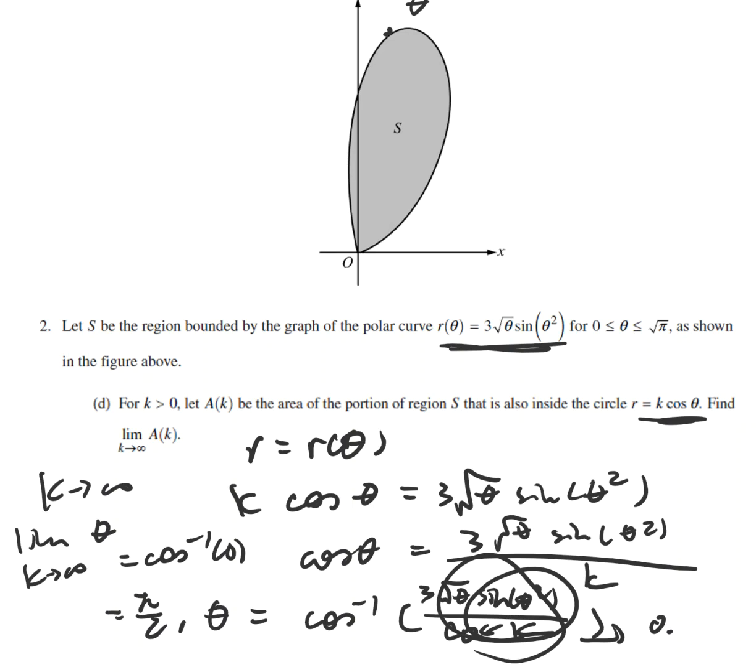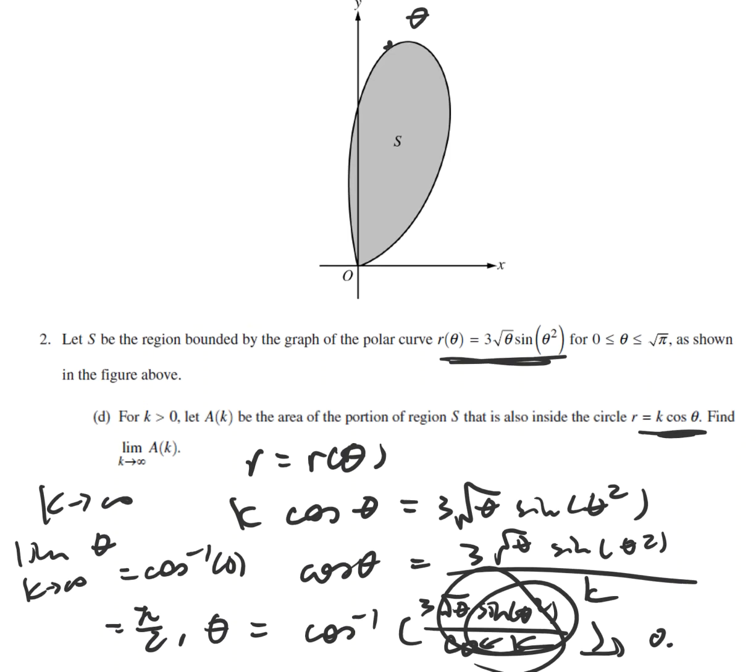Why is this helpful? Because we get the value that theta equals pi half as k goes to infinity. So we know that the actual place where r and r of theta intersect is right here, on the y-axis.